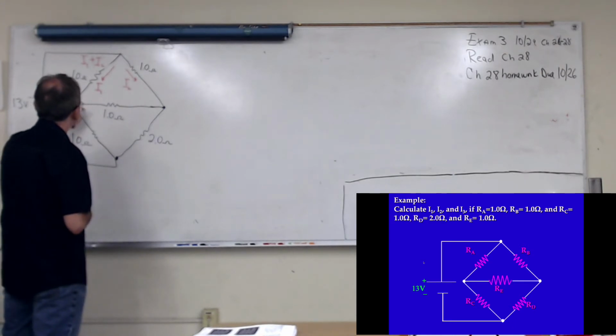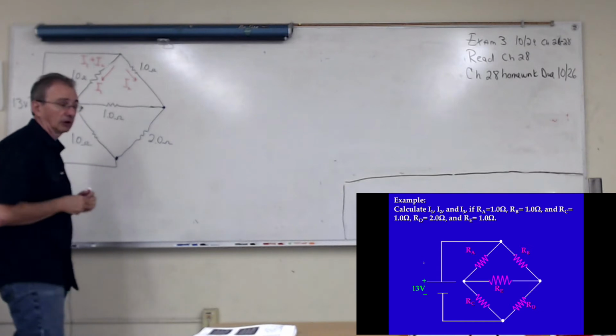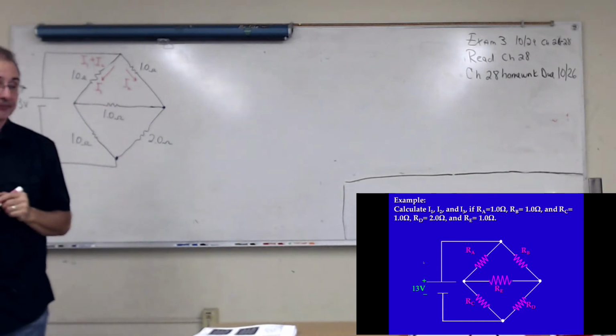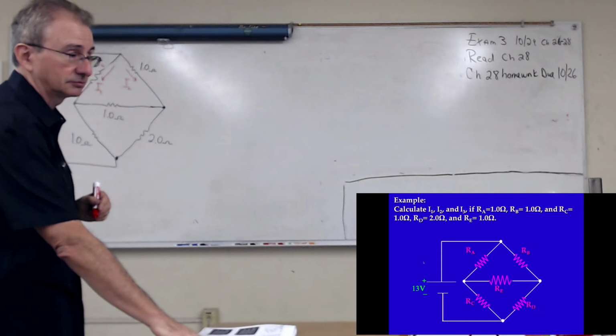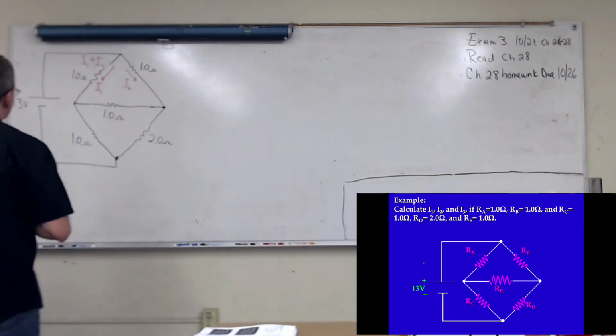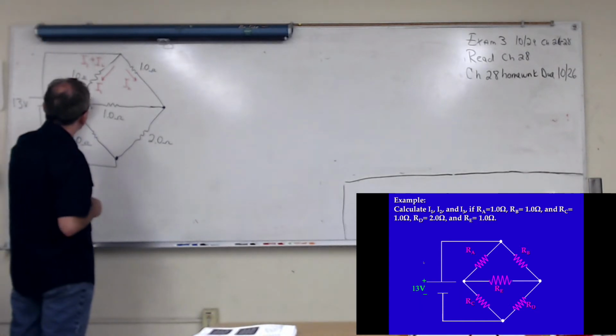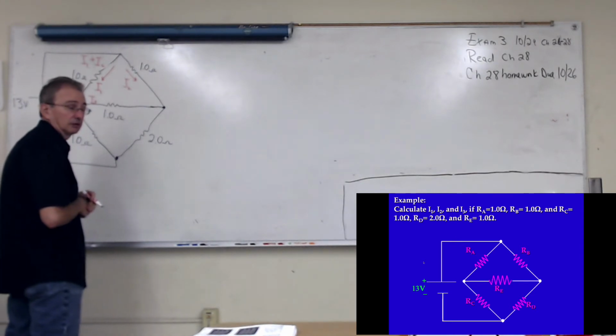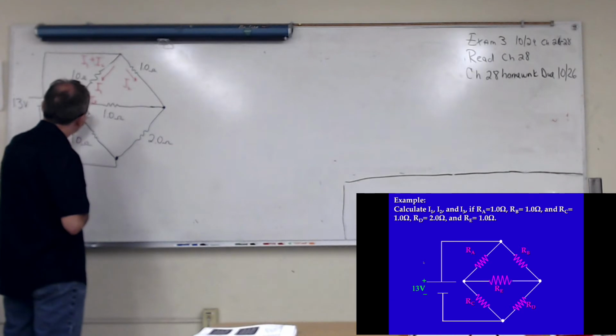Well, this current I1 splits into these two. So you could do like I1A and I1B or something, or I1E and I1C. How about if I call this I3? And I call this I, isn't this going to be the difference between these two? Oh yeah.